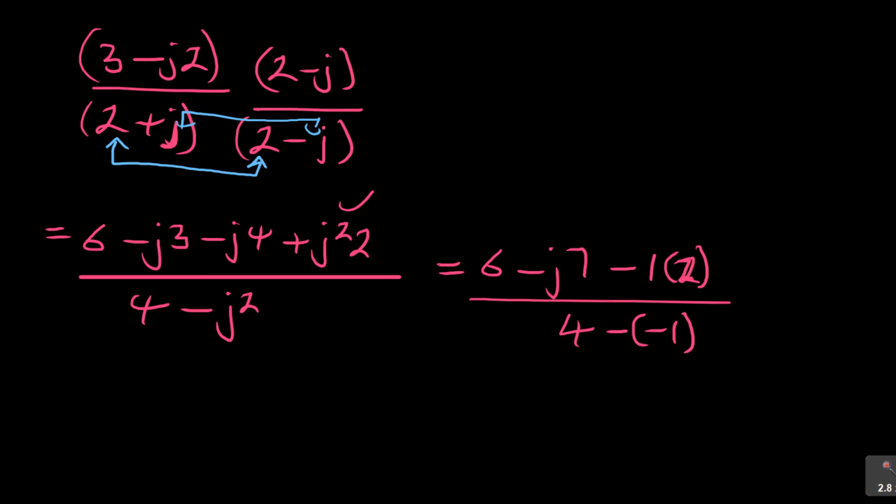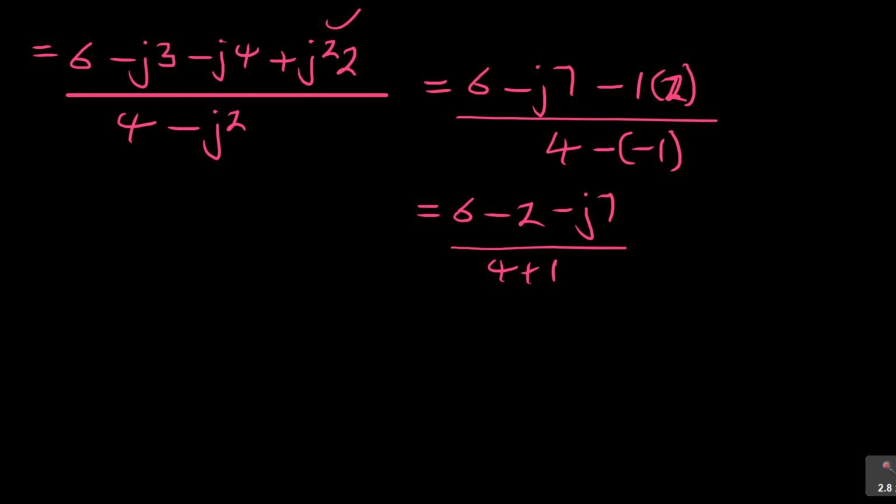I think I remember saying, if they give you j is square root of -1, now if you square, you are saying squared, which is -1. Remember that. So that's what I'm just driving at here. So now next one I have here is equal to 6 minus 2 minus j7 over 4 plus 1. And then if you simplify that, this was just simpler. 6 minus 2 is 4 minus j7 over 5.